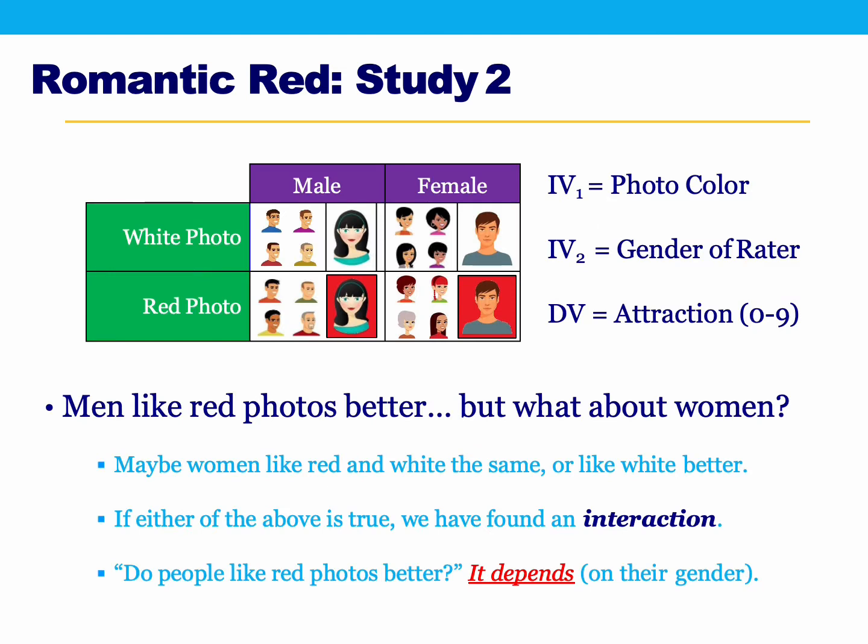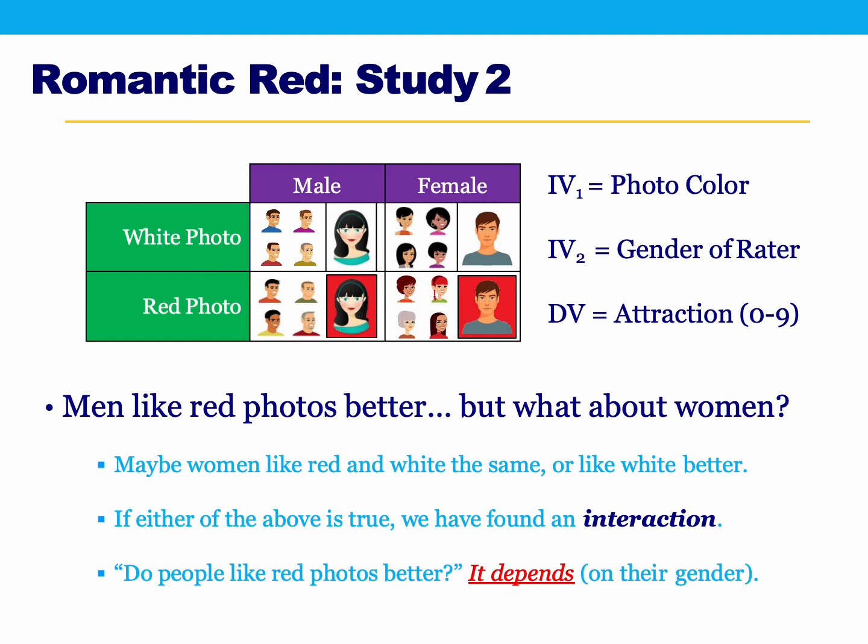So let's consider how we might take the results of that experiment and turn it into a factorial ANOVA. The previous example I gave you was a one-way test, and it was an independent t-test because there were two levels.